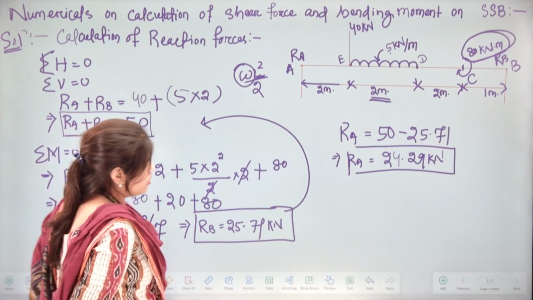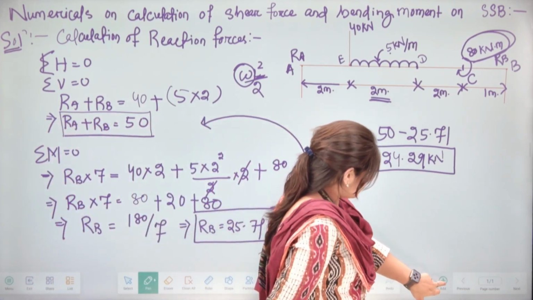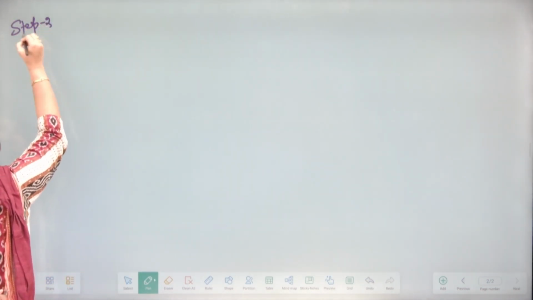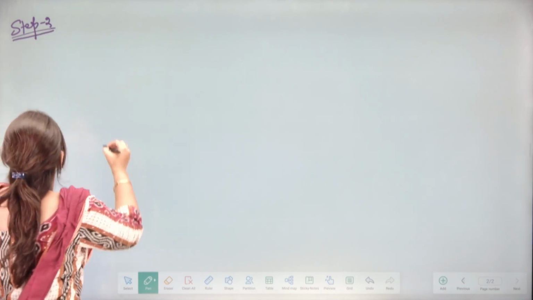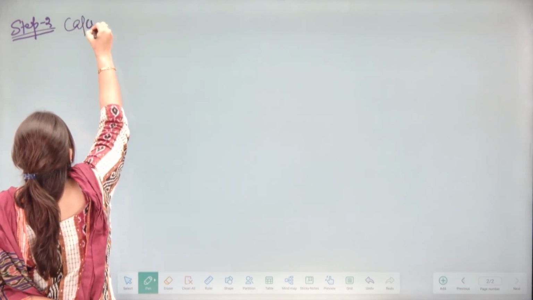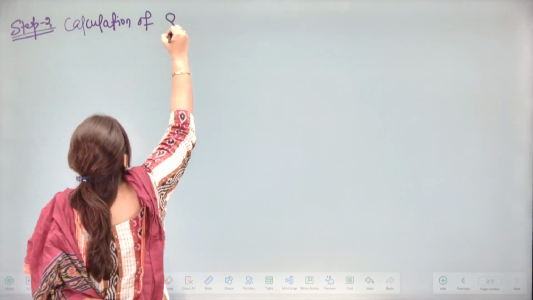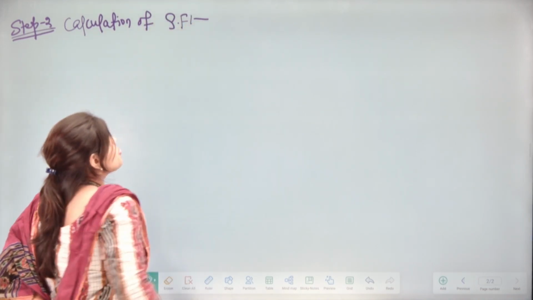Next, our work is to find out the shear force. Step 2, calculation of shear force.